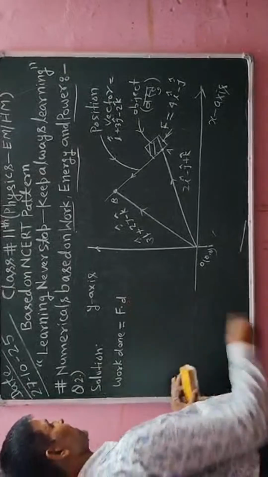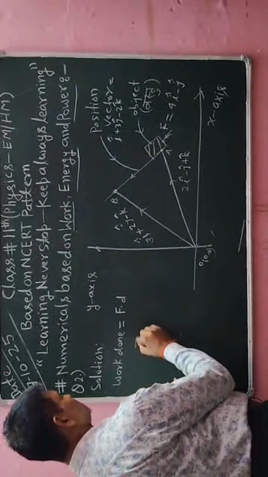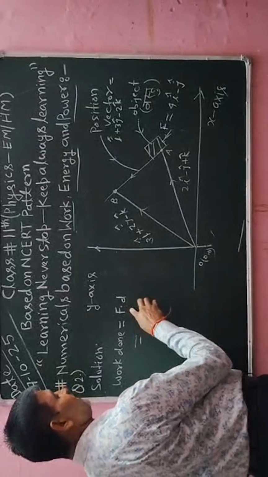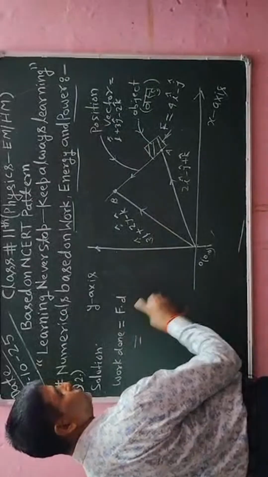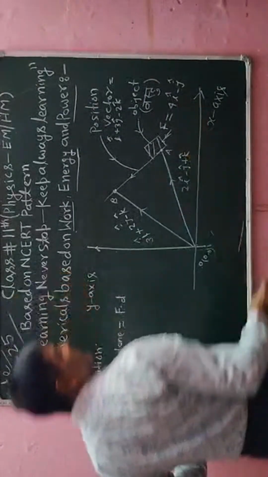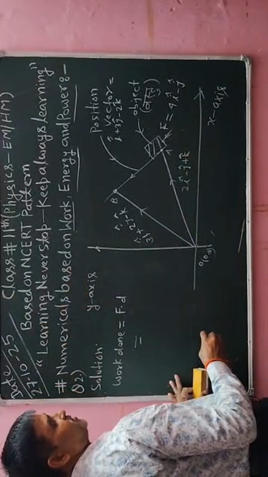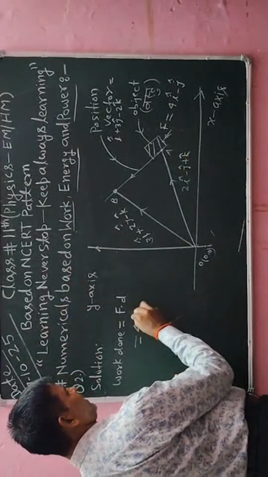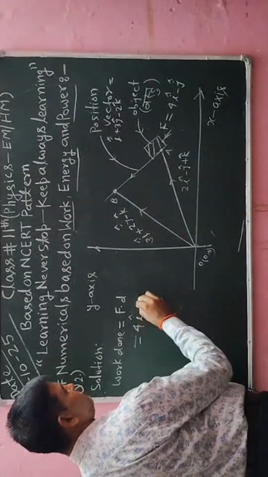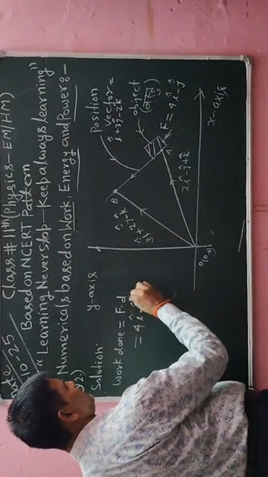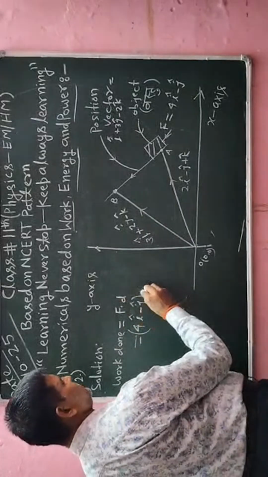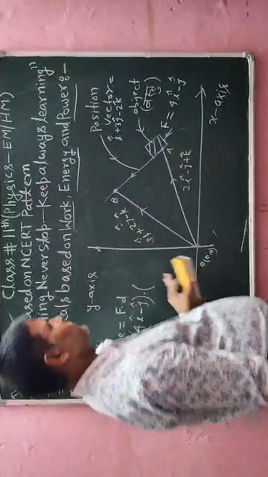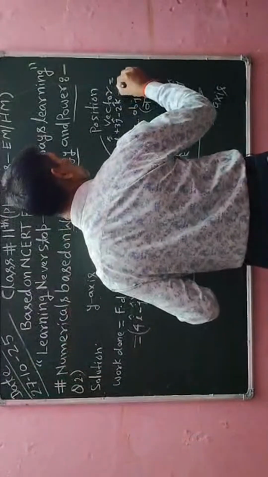Okay, now here I am going to say F is also a force. It also has direction. The value of the force that is given here is 4 vector i cap minus vector j cap. So I can write here 4 vector i cap minus vector j cap. Now here the dot is available, so I can put the value of D. D is also a vector and its value is available here.